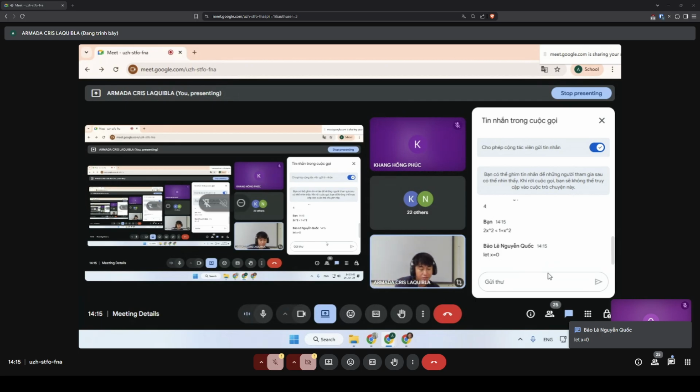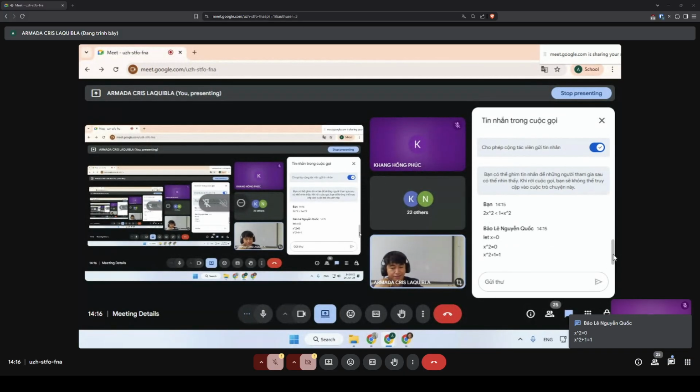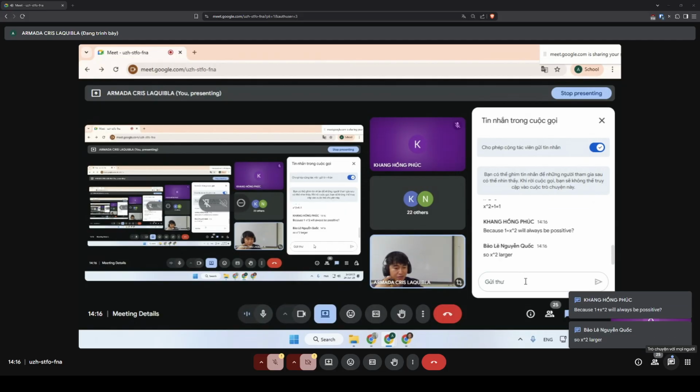Let x equal 0. Other reason? No one? How about your class? What's the reason behind there? Why is it that 1 plus x squared will always be positive?